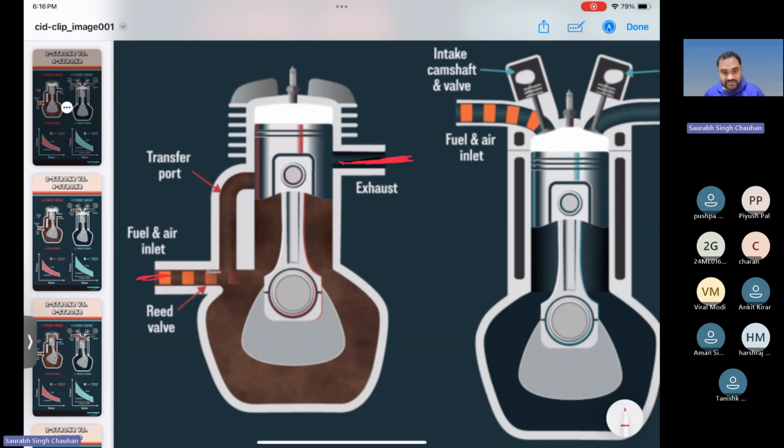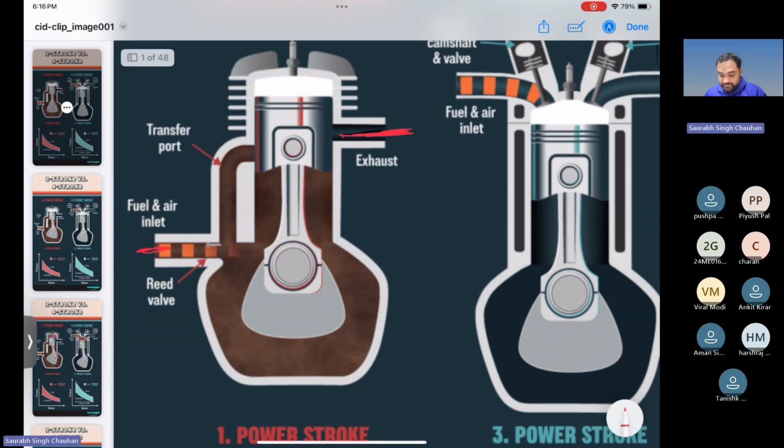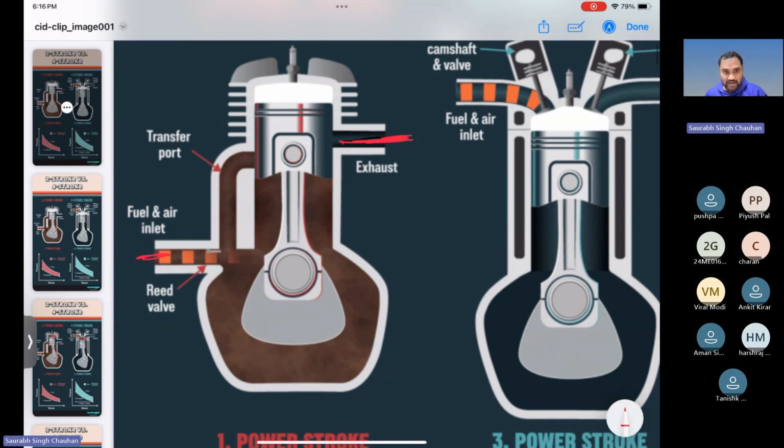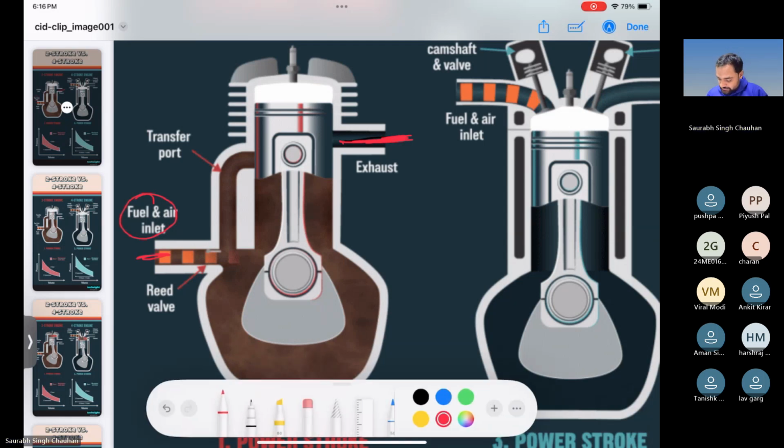I will show you one by one. So I think the hardware is clear. What are the components? That is clear, right? So exhaust port, and the intake port, from which you will get the fuel air mixture, and there is one transfer port. Can you see where the transfer port is? So this is the transfer port. Transfer port is basically used to transfer the fuel air mixture between the cylinder and this crankcase.